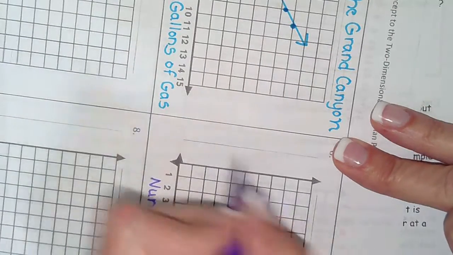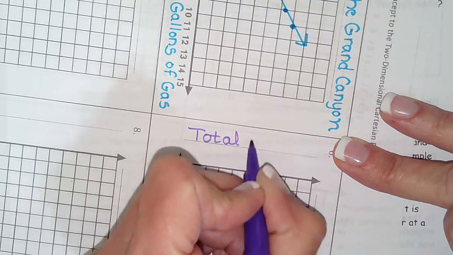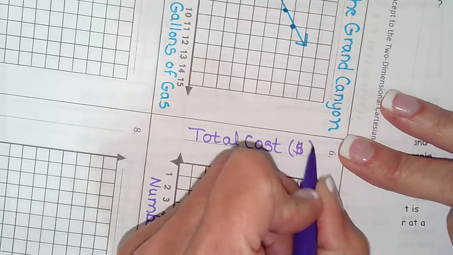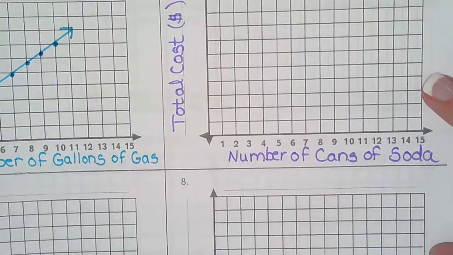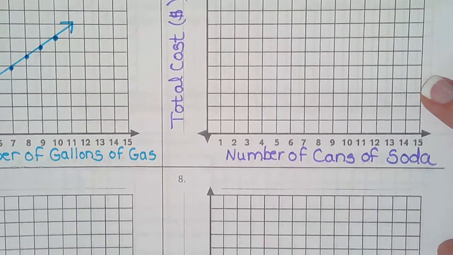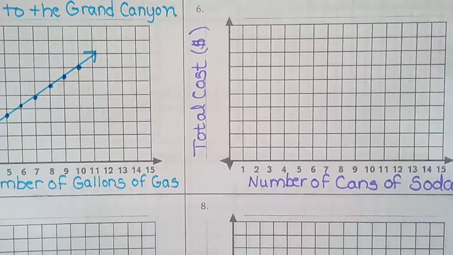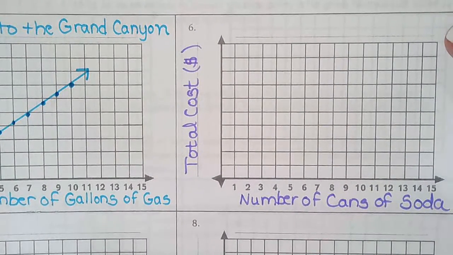So here's the vertical axis. So again, this would be total cost. And remember how we always have to write the units after it, telling the reader whether it's dollars or cents, or yens or pesos, krones. Okay. Be sure to properly label each axis and give your graph a title.